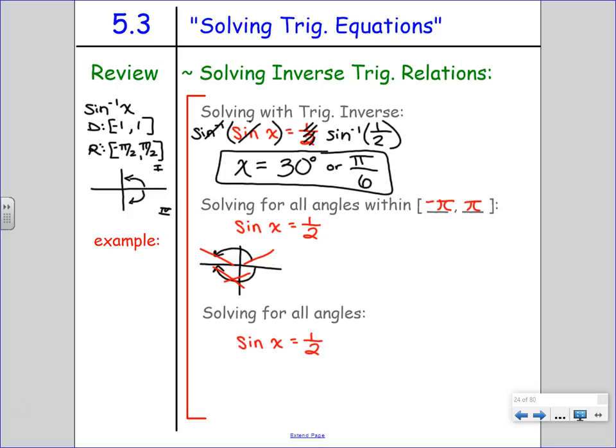The same referencing. So I'm going to say x equals, now it gets a little more exciting. I have pi over 6, 5 pi over 6, or 30 degrees and 150 degrees.